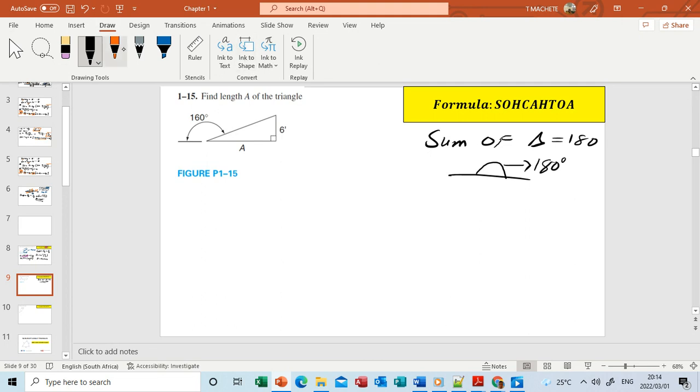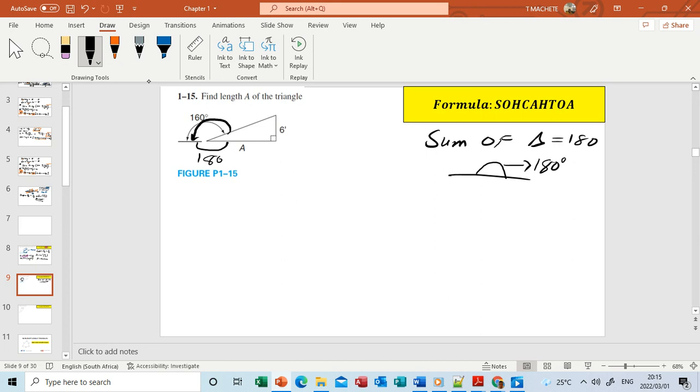So now, guys, look at this. You have got a line. It's 180 degrees because it's a straight line. So they say outside, this angle from here to here is 160. Since this is a straight line, it's 180.